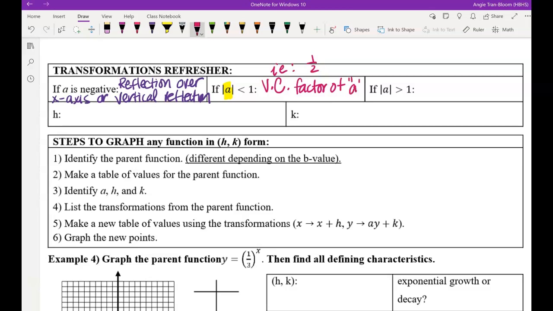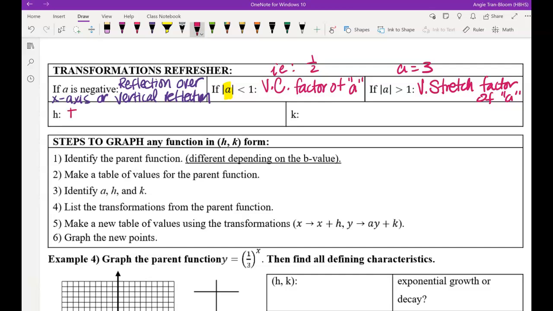If the absolute value of A is bigger than 1, then it's a vertical stretch factor of A. So let's say A equals 3, then it's a vertical stretch factor of 3.